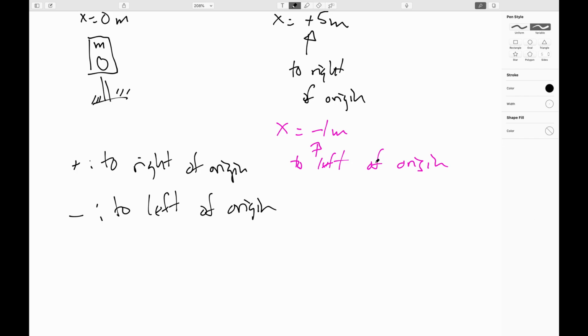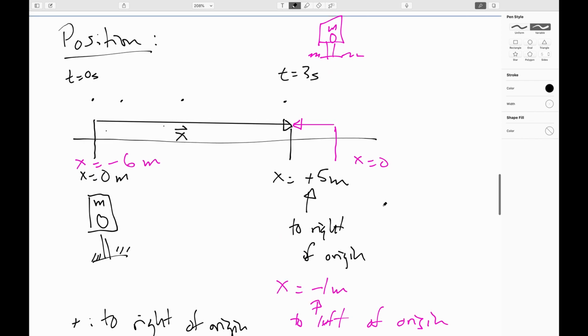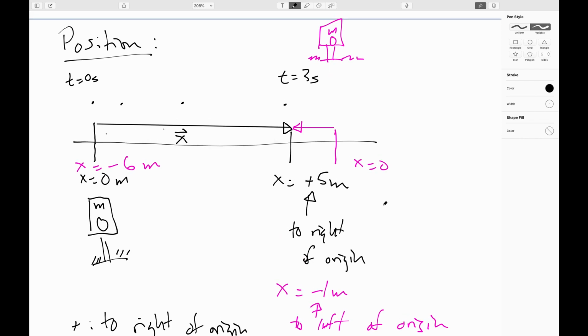Now, we've already seen one of the weaknesses of position as something to describe motion. And that is that you are free to put the 0 meter marker wherever you want it. And so different people could potentially have different 0 meter markers. Now, this isn't the end of the world. It'd be very straightforward to convert between one person's measurements and another person's measurements.